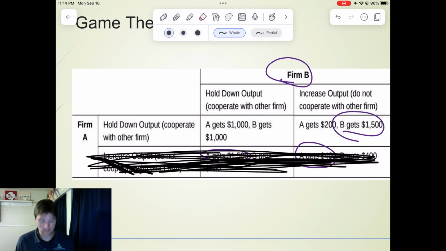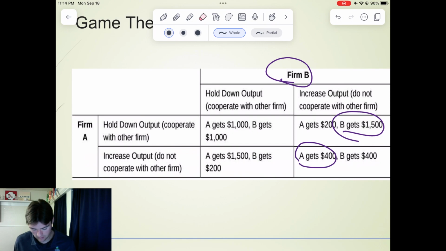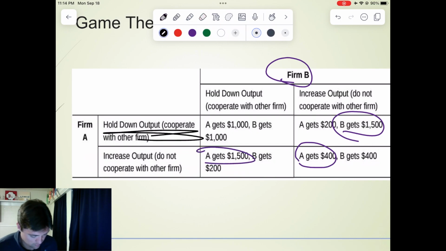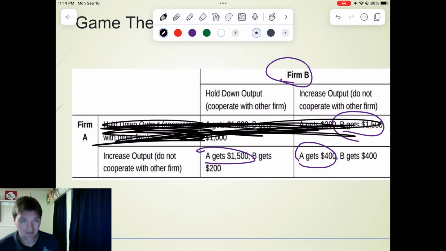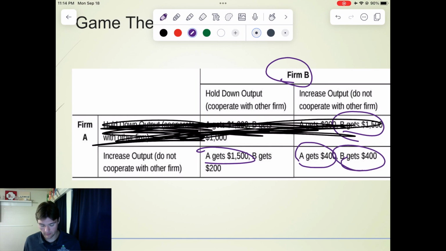That's the better choice. Okay, and now we're going to block off hold down output because now firm A is increasing output. If firm A increases output, what happens with B? Do they do $200 or $400? And they would choose $400.